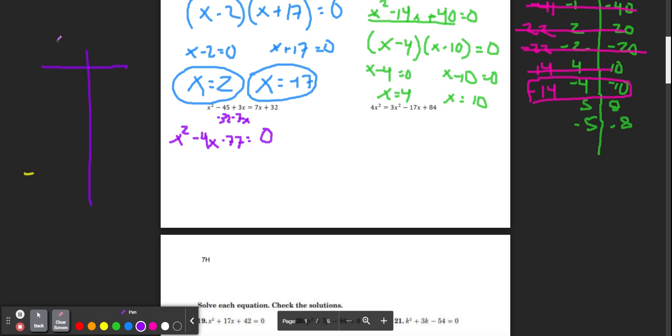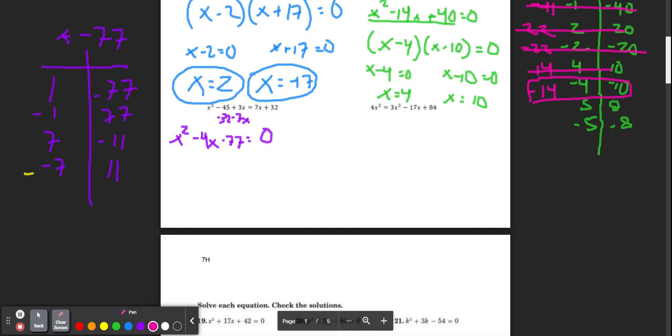Again, I'm looking for two numbers that multiply to negative 77. So we know 1 and negative 77, or negative 1 and 77. And then I think we have 7 and negative 11, and negative 7 and positive 11. I believe those are the only pairs that multiply to 77.